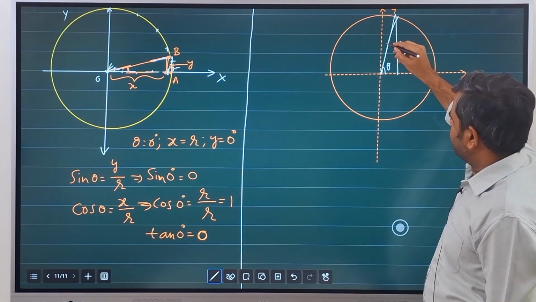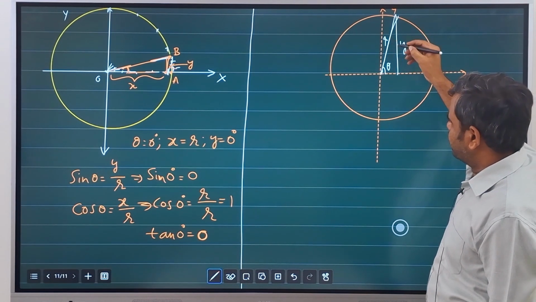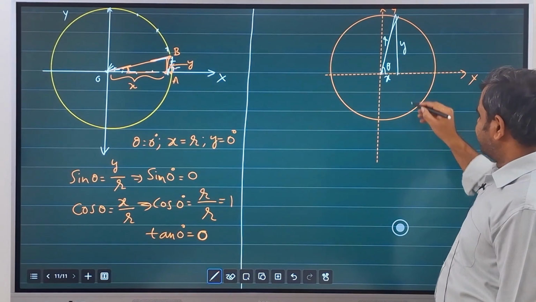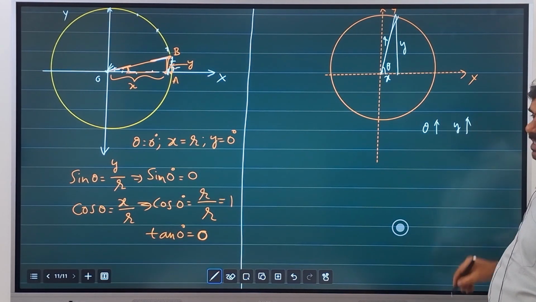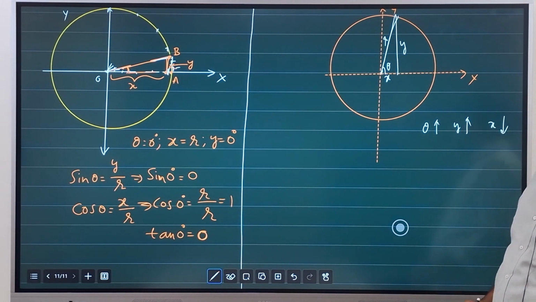Let me call this point O, this side is y, opposite side is y, hypotenuse is r, adjacent side is x. As theta approaches 90 degrees, what is happening to y? Y is increasing. Look at the side x, x is decreasing.